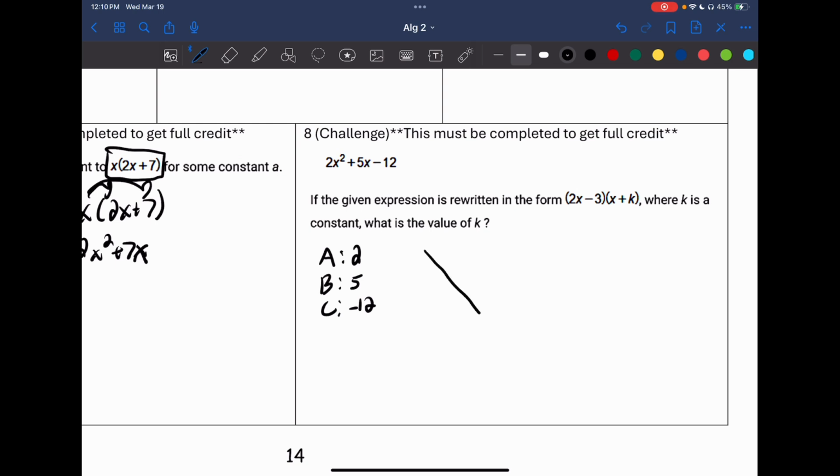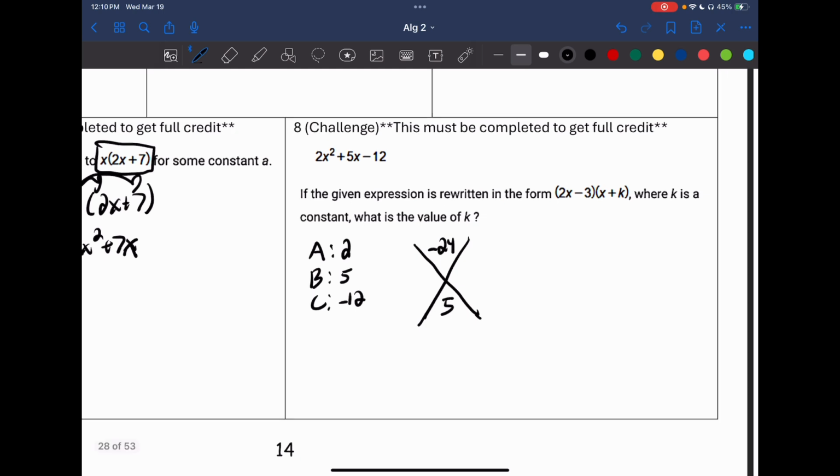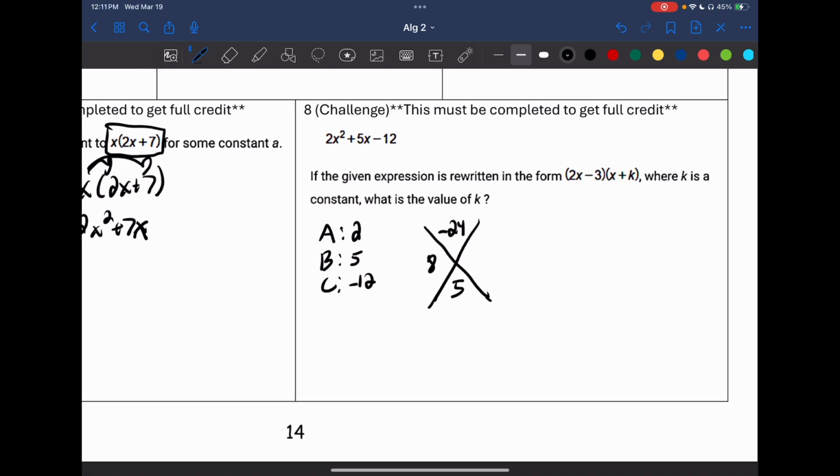And we want to make our magic X. We want to find two numbers that multiply to negative 24 and add to 5, and taking a look at it, I'm going to call that 8 and negative 3.